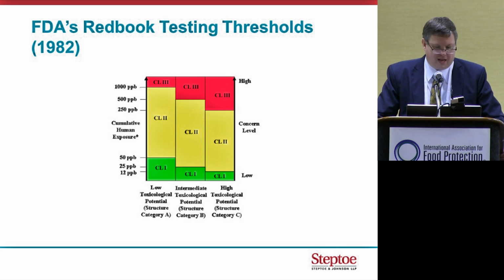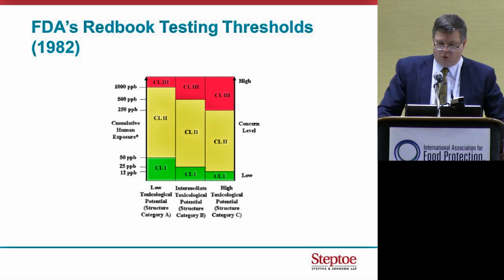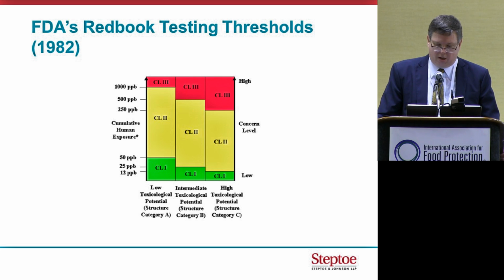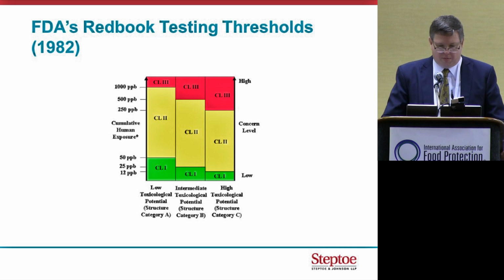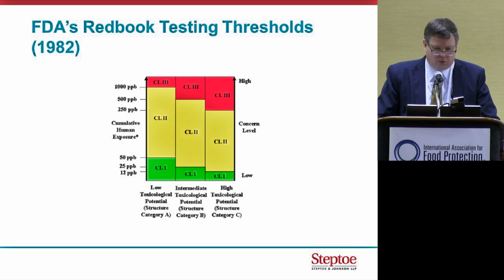And these concern levels actually relate to recommended testing requirements for food ingredients, including flavors. What's different about the TTC is that it aims for a situation where no additional testing would be required, and that's the case with FDA's threshold of regulation, as well as the Monroe analysis that I'll talk about real quickly here.